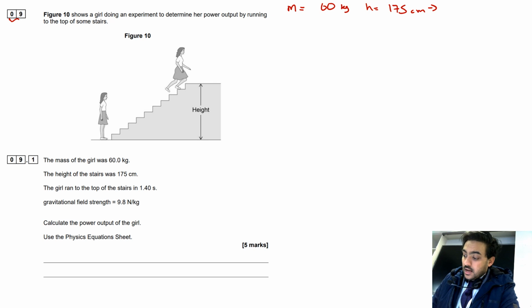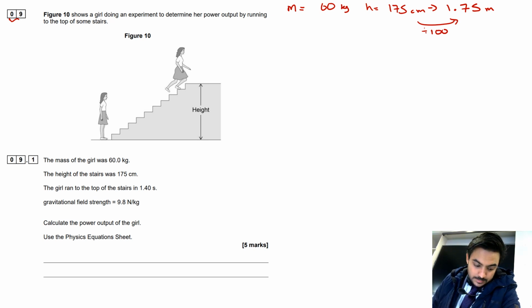Immediately we know that's not in the standard unit, so we can change it to 1.75 meters, dividing by 100, obviously 100 centimeters in a meter. Then we know that our time is 1.4 seconds, and we know our gravitational field strength is 9.8 newtons per kilogram. The first thing to do is write down the equations that we might need. For power output, the equation generally is energy transferred divided by time.